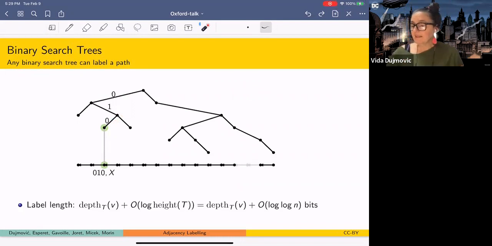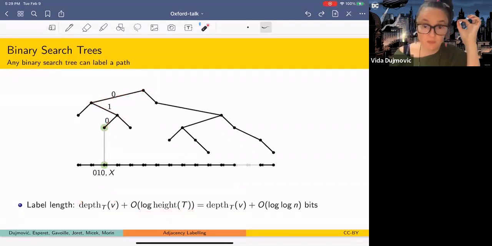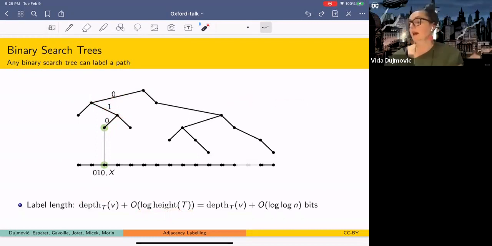So just from the signature and a few bits of extra information, you can not only have a label, you can also work out the label of your predecessor. So if somebody gives you two labels of vertices, you can figure out from your own label the label of your predecessor and check if the other vertex is that. If it's a predecessor, you say yes, we are adjacent, otherwise you say no.